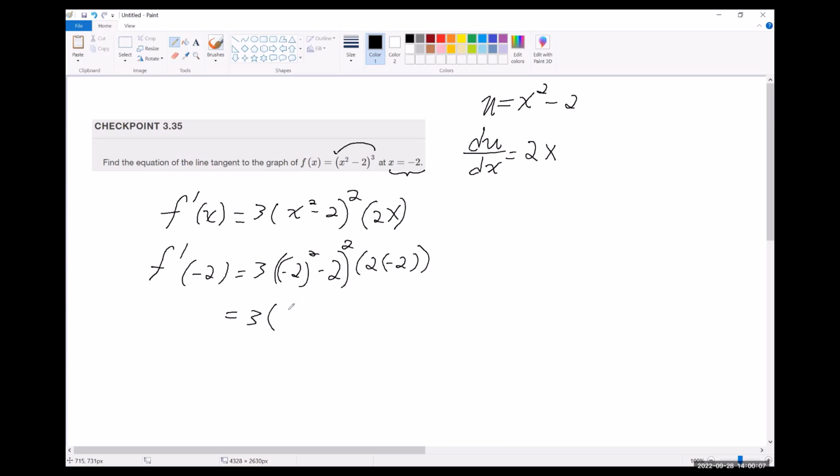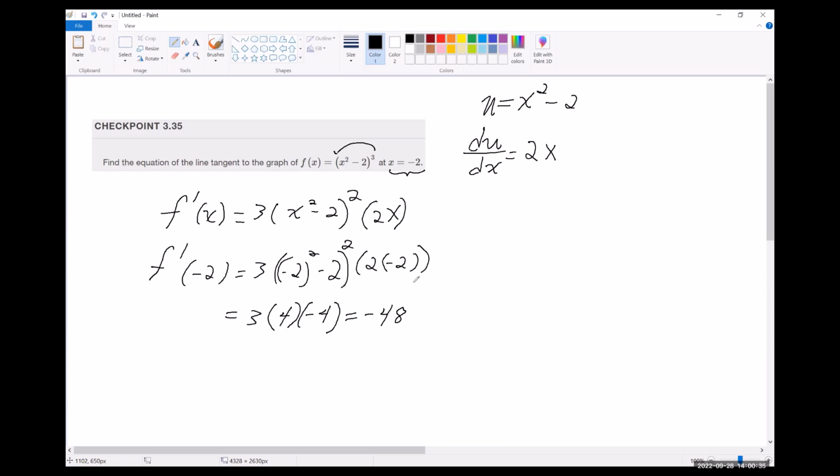This is 4 minus 2. 2 squared is 4. If you're here live, you might want to check my work. And this is -4. Okay. So 16 times 3 is, so I'm getting -48 is what I'm getting.